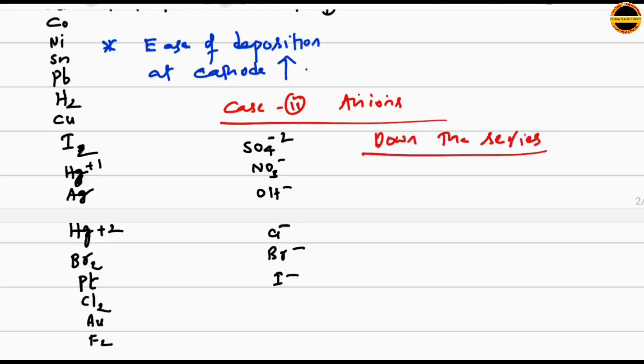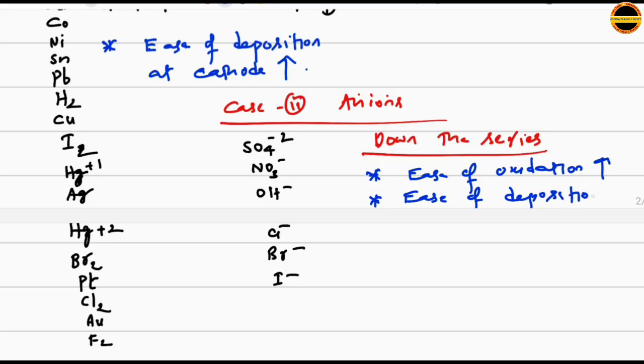Down this series, ease of oxidation increases and ease of deposition at anode increases. So tendency to undergo oxidation, ease of oxidation increases.